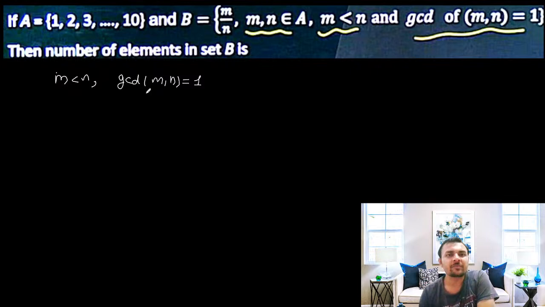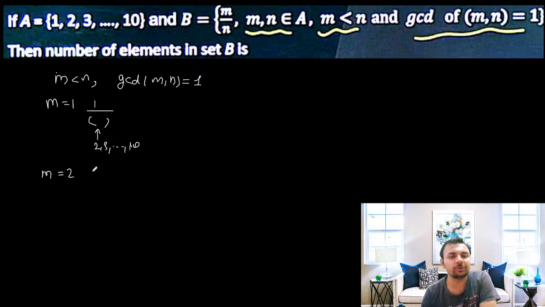If we take M equal to 1, it will be 1, and here we can have any option 2, 3 up to 10 whose GCD will be 1 and M will be less than N. So if M is equal to 2, here should be any number more than 2. So 4, 6, 8, 10 are not possible, and we have total 8 numbers. So total 4 possibilities are there.